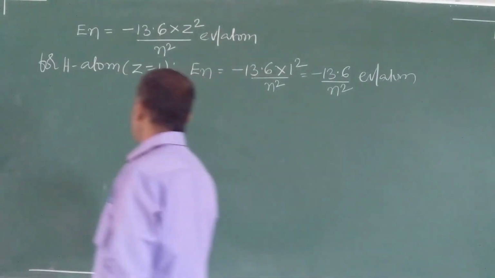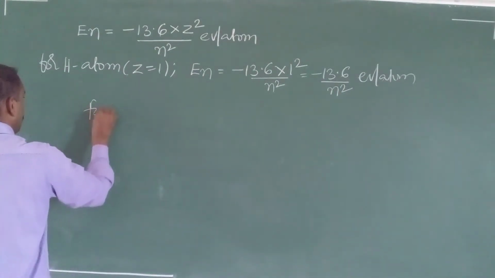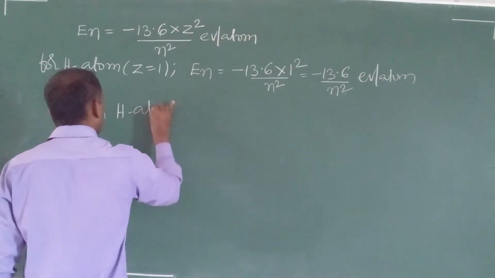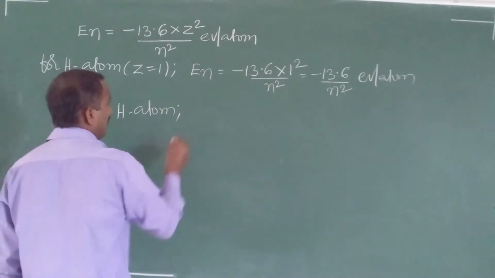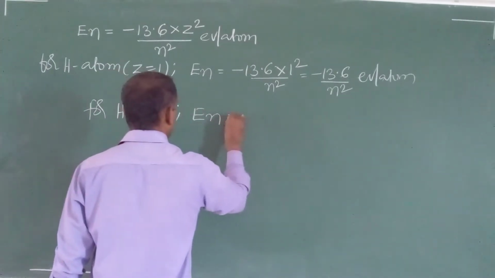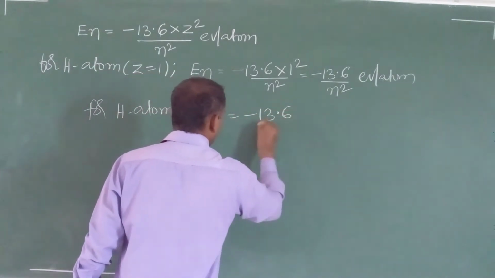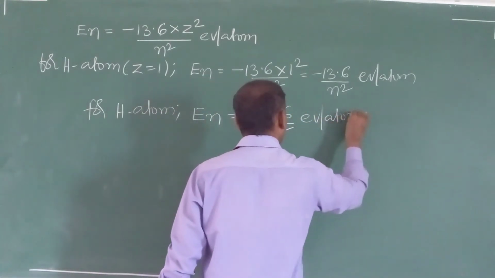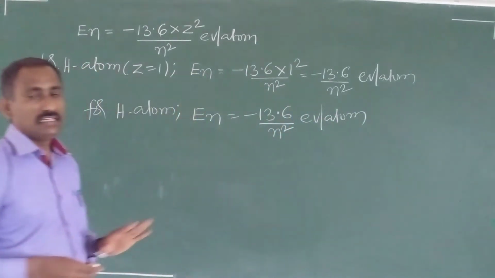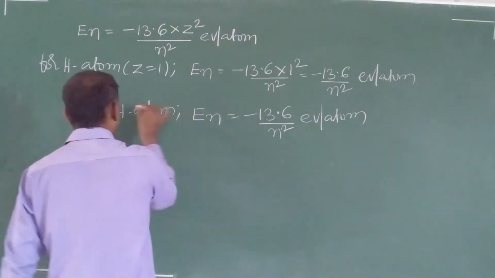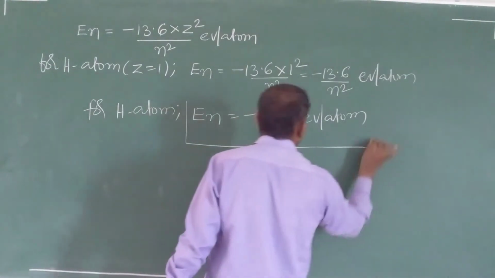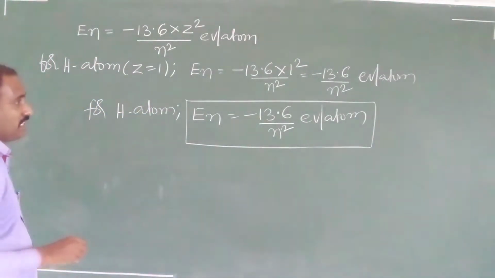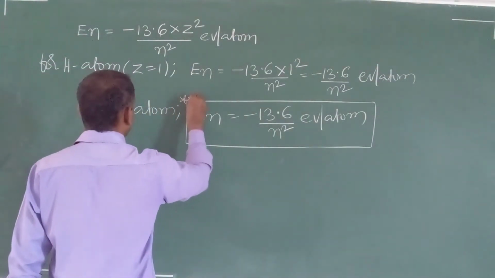So directly you should remember that for hydrogen atom, the energy formula in electron volts is En equals minus 13.6 by N square electron volt per atom. Anyhow Z value is 1.